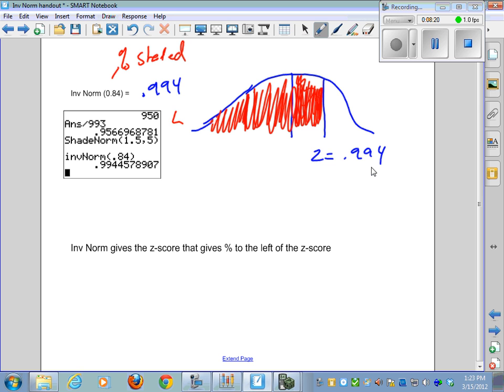It's 0.994. It's the opposite. Invert norm gives the z-score that would give the percent to the left of that z-score. Does that make sense? Invert norm gives the z-score, the 0.994, that gives the percent, 84%, to the left of that z-score.